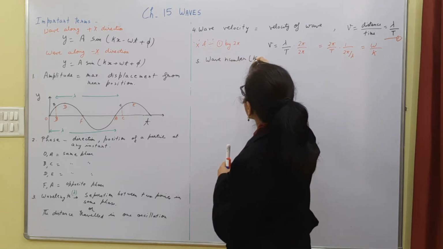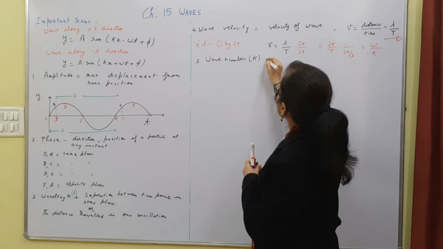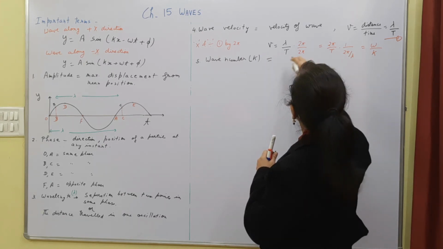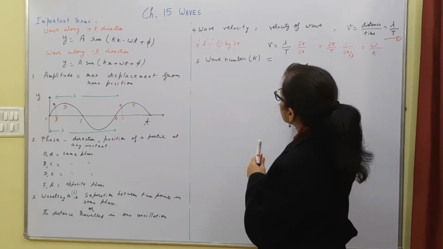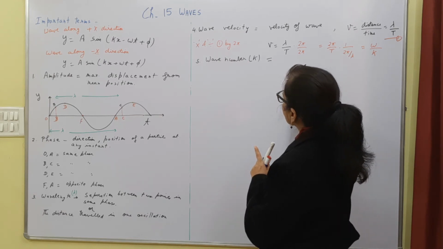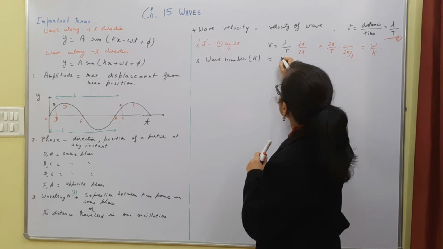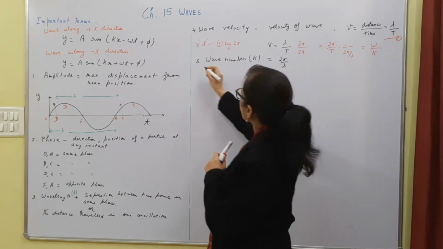Then we have wave number, which is k. I have already mentioned here. This wave number is number of waves, wave number. This is given by 2 pi by lambda.